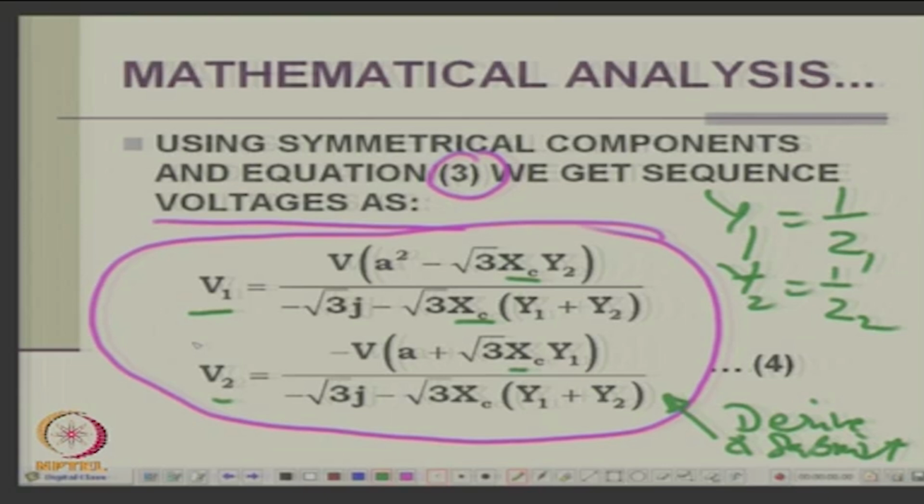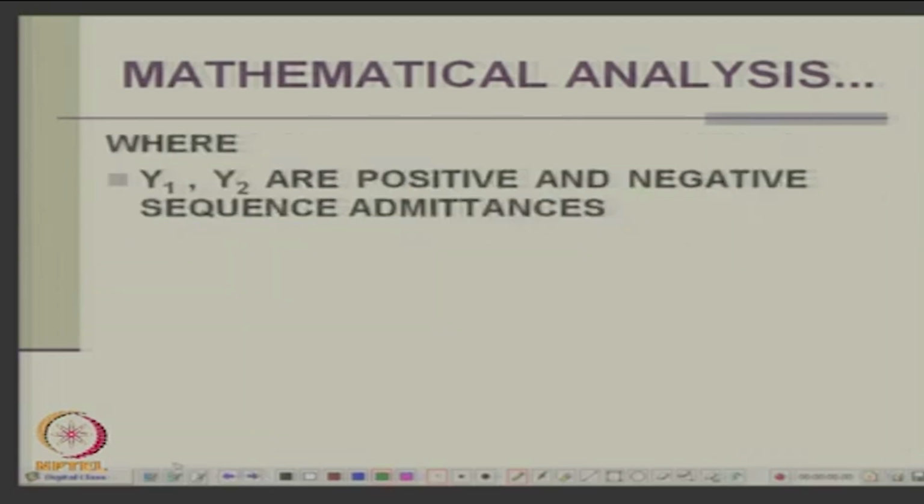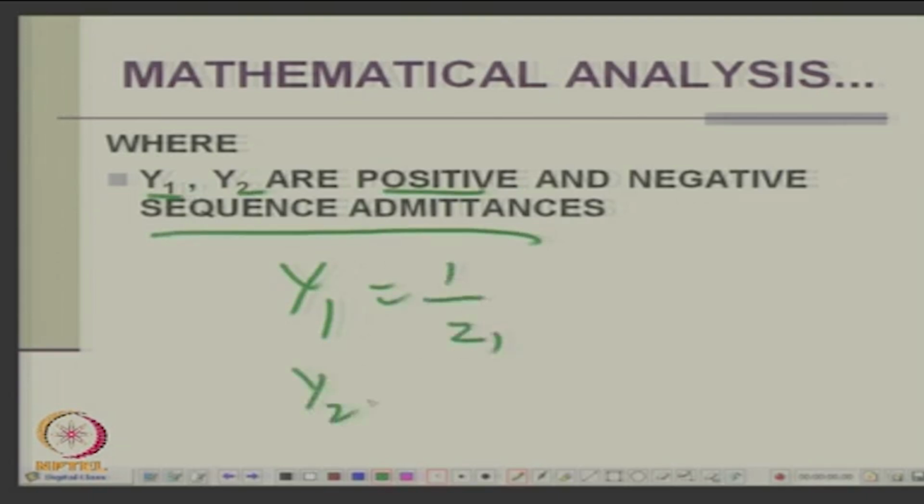As I told you, I will accept the first 10 assignments only, which I get in my room. Is it okay? Let us see who will work on this. Y1, Y2 are the positive and negative sequence admittances, that Y1 is 1 over Z1 and Y2 is 1 over Z2.